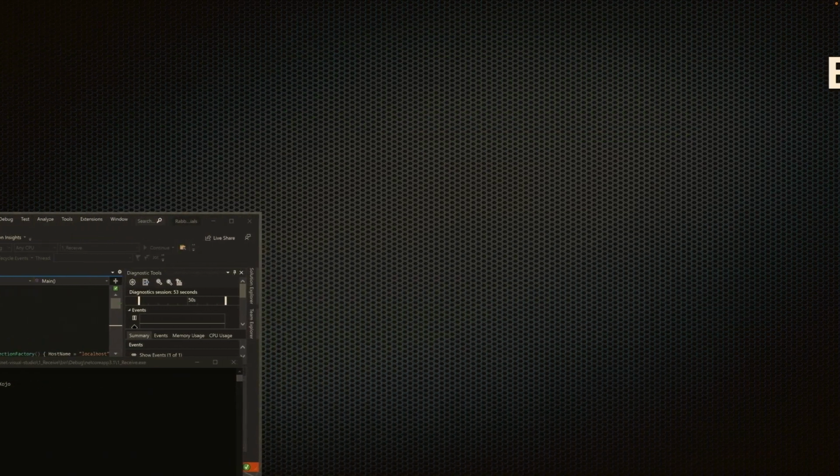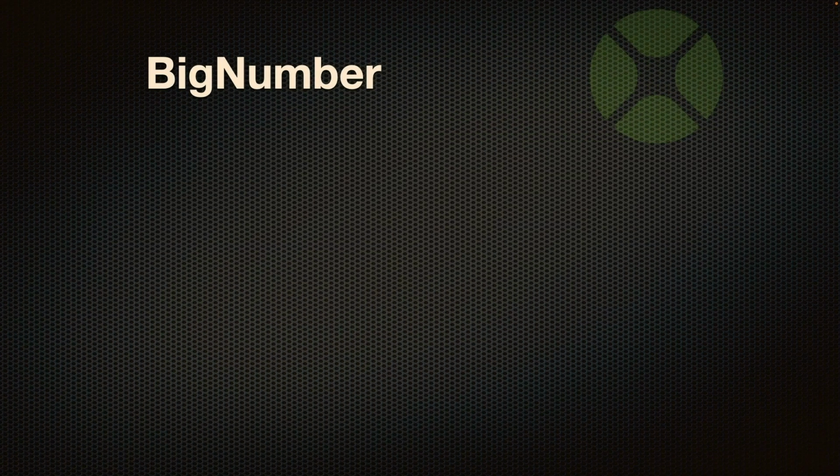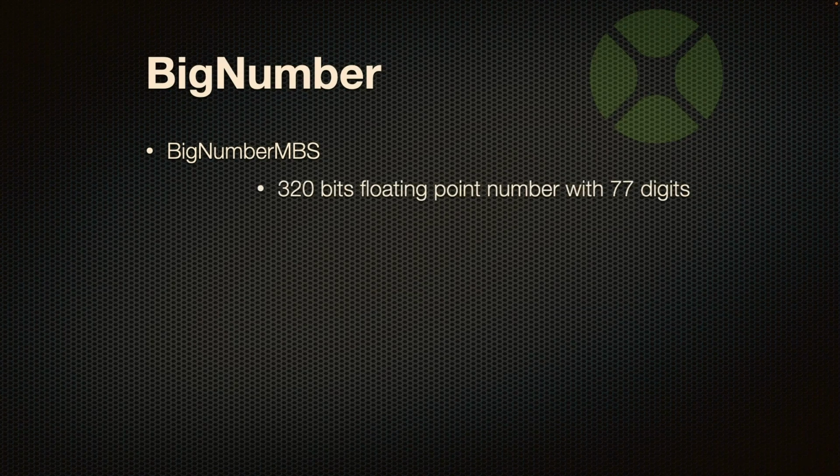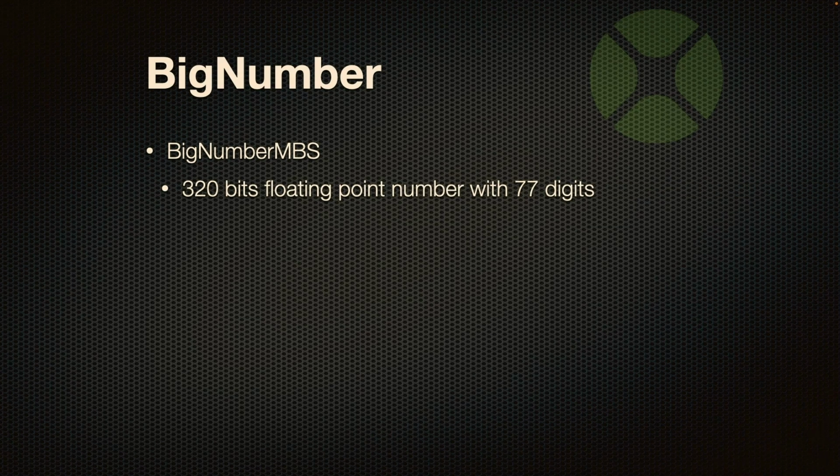Then we have bigger numbers. So a normal double may not be enough for you sometimes, so we got a big number class with 320 bits and about 70 digits of precision. So you can do all your math calculations as needed. And because some clients complain that it's not enough for them, I decided to make a bigger number.